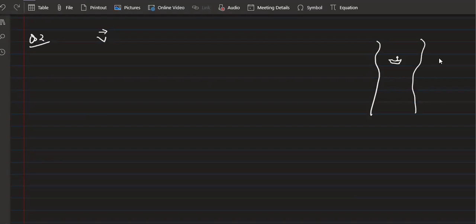Now the thing is this boat wants to go from this direction to this direction. Just think about this. Now i and j are not units, it's the direction, so I have not written the unit over here.